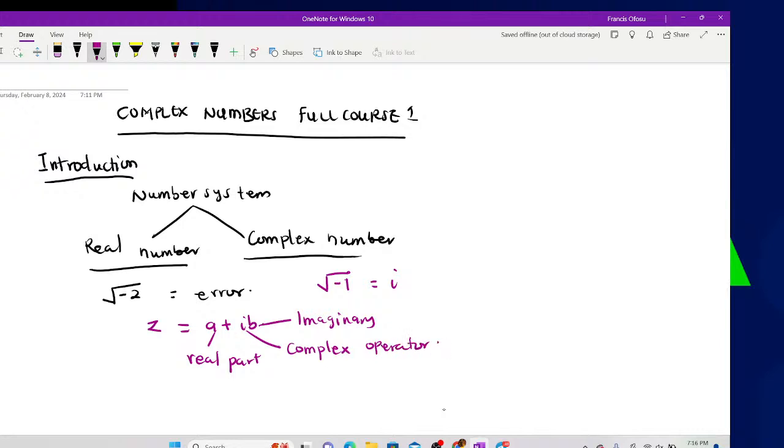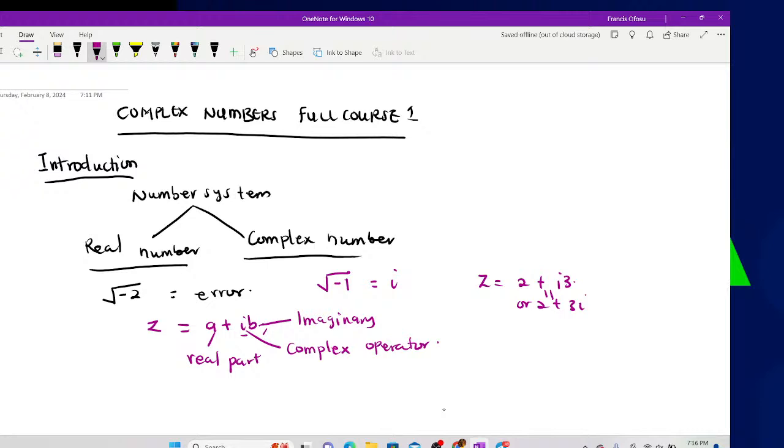So generally, complex numbers are represented as z equals a plus ib: real part, complex operator, then the imaginary part. So we can have an example as z equals 2 plus i3, or 2 plus 3i. Any way is correct, right?